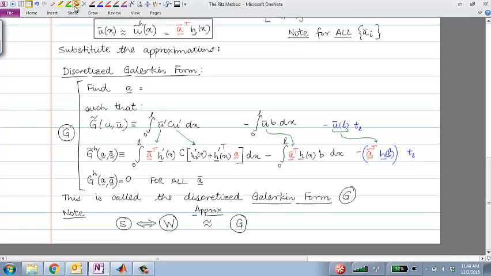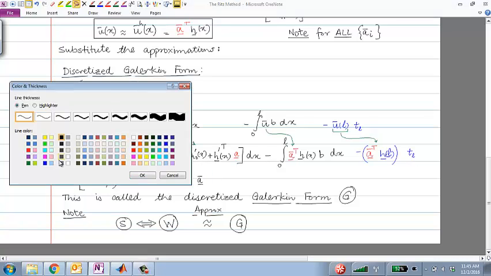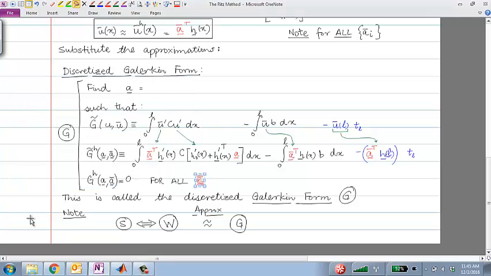But let me state the problem that we are trying to solve now. We want to make sure that this functional goes to 0 for all possible u bar. Instead, what we are going to do is make sure that this functional goes to 0 for all possible a bars. So for all possible coefficients of the virtual displacement, we will make sure that this goes to 0.